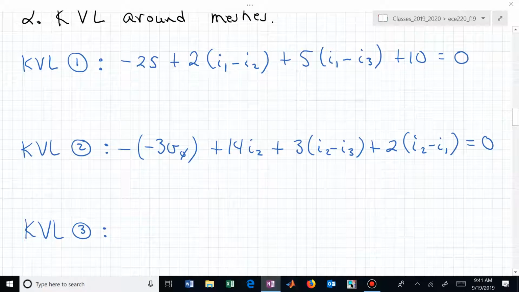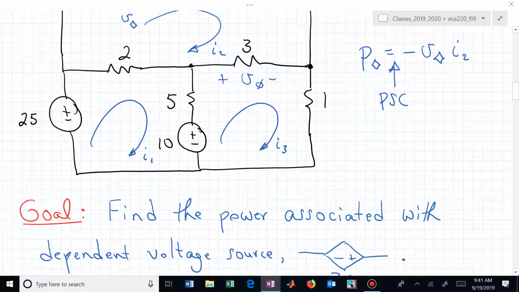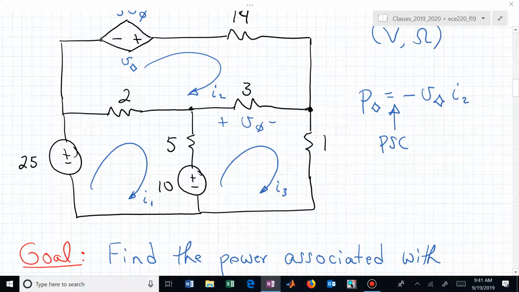And before we start worrying about v sub phi, let's just write down the third KVL equation. But we're going to have to get rid of that v sub phi.